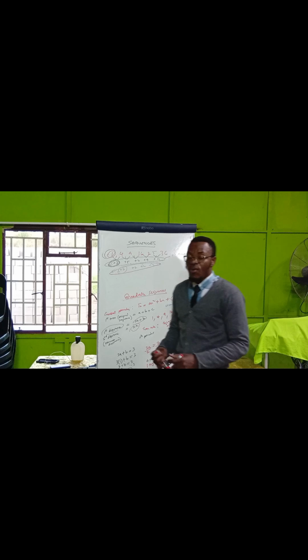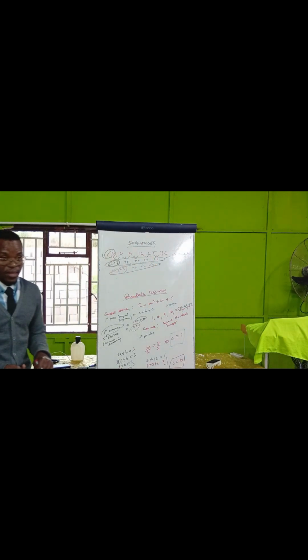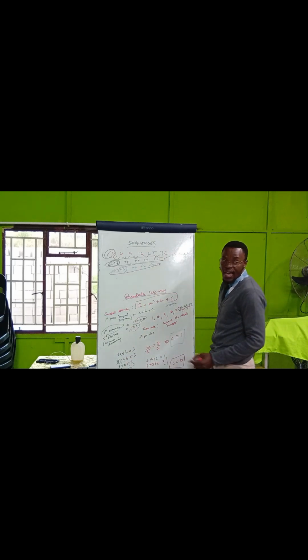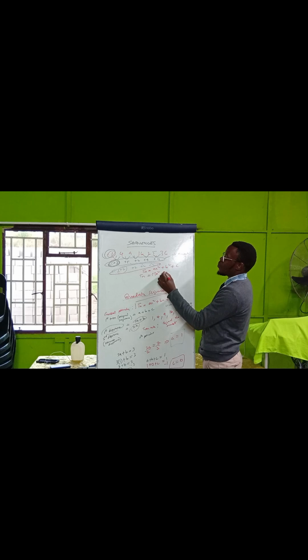So we have the value of A, the value of B, and the value of C. We can substitute these in our general n-th term formula. Since Tn is equal to an squared plus bn plus c, where there is a, you are going to put 1. Where there is b, you are going to put 0.